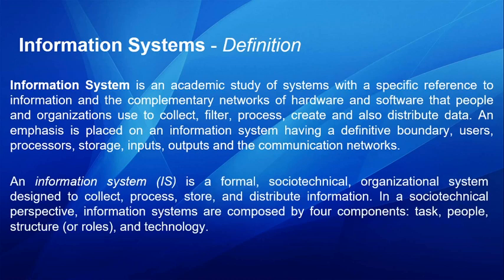In other words, an information system is a formal, socio-technical, organizational system designed to collect, process, store, and distribute information. In a socio-technical perspective, information systems are composed of four components: task, people, structure or roles, and of course the technology. Right?